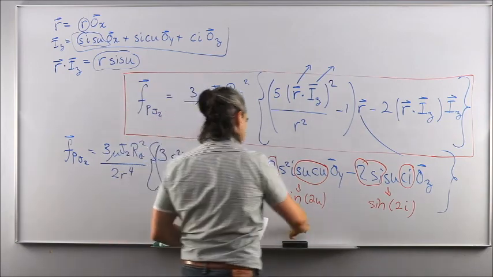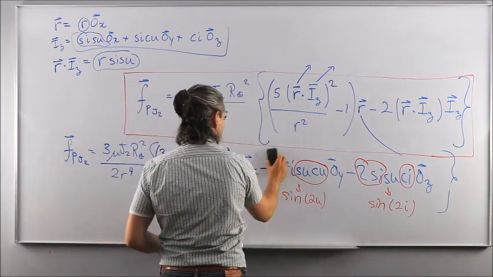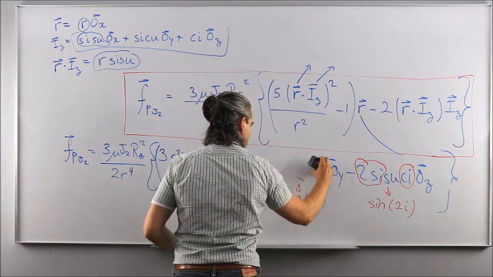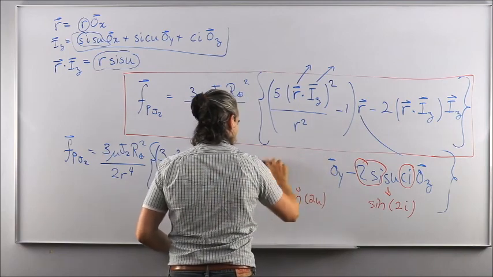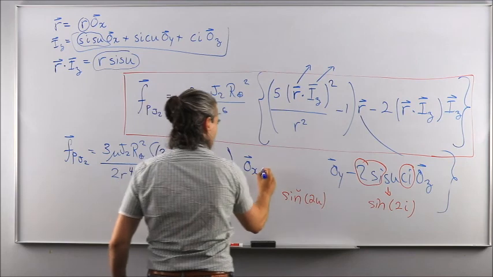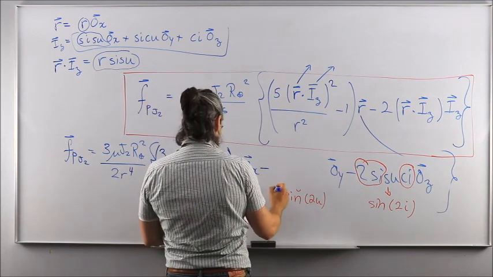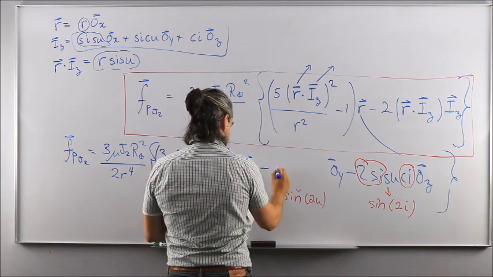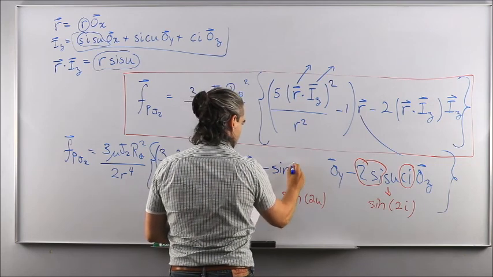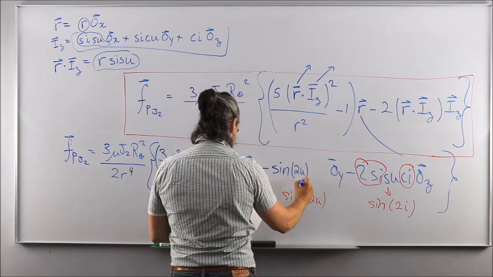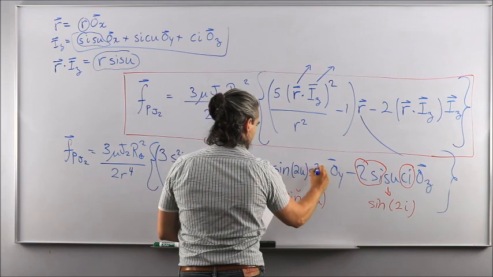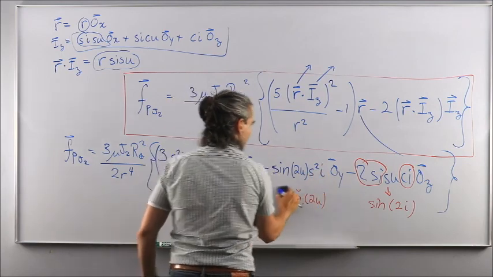Such that I can go and replace this with minus sine of 2U, and I have the sine I square that is still there.